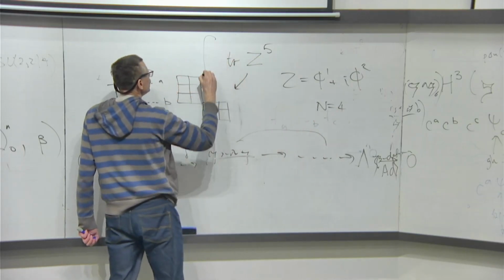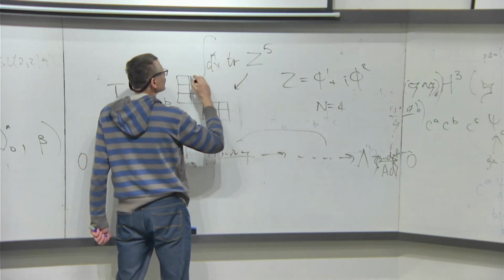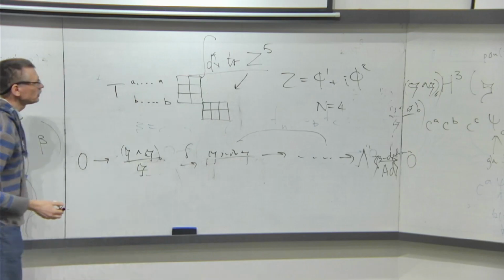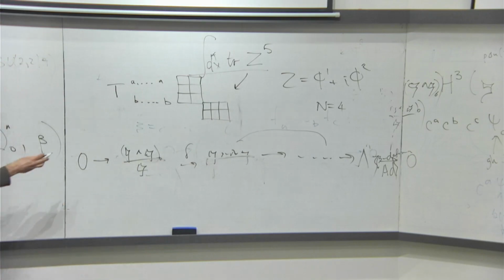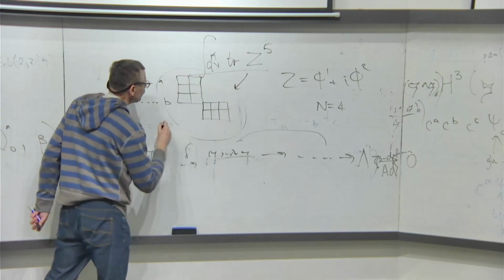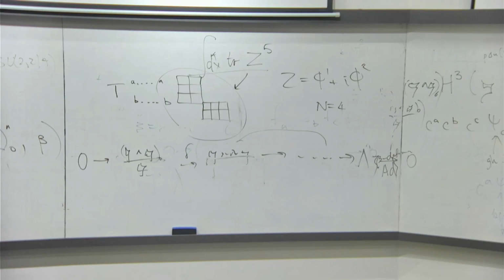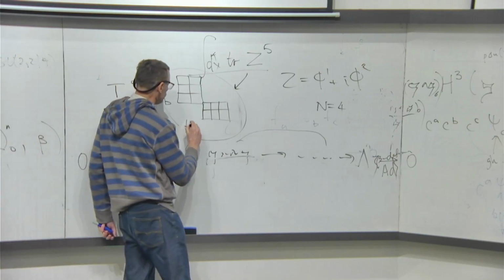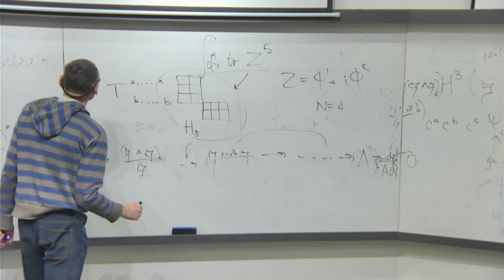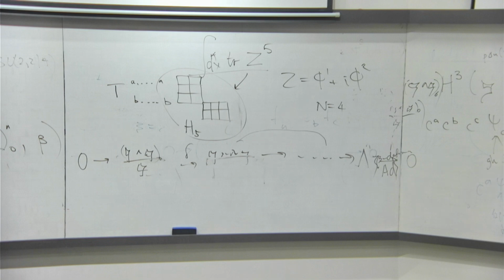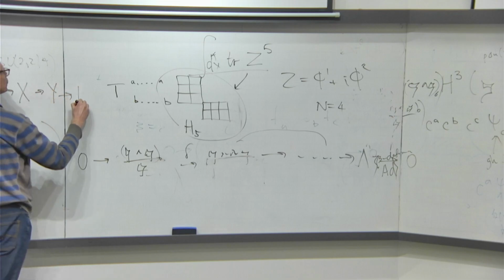If you take the integral d^4x of this and start acting on it by the superconformal algebra, you get this finite dimensional representation. I call it H5 because it corresponds to Z^5. And then it turns out that there are exact sequences like Hn, something, Hn minus 1.